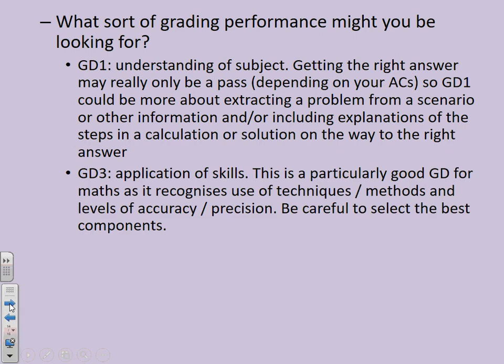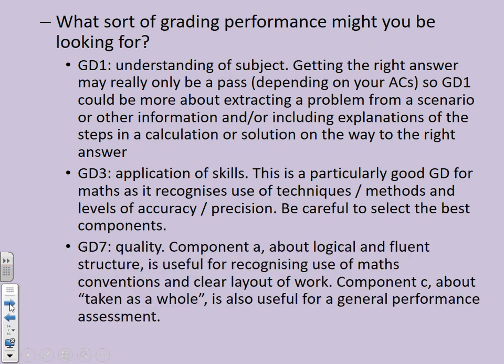Grade descriptor 3 is about the application of skills, and this is a particularly good descriptor for maths because it recognises how well students are using techniques and methods and how they are demonstrating levels of accuracy and precision. But do be careful to select the best components here. And then of course you've got grade descriptor 7, which appears on all assessments for the overall quality.